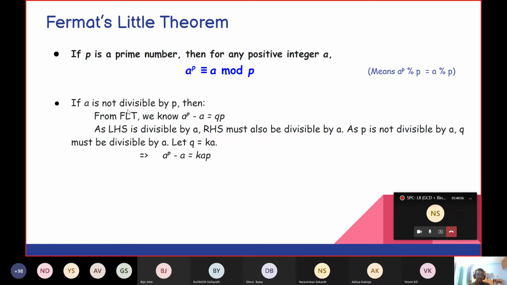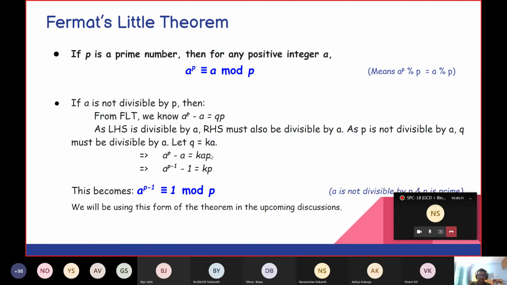Now p is a prime, and we said a is not divisible by p. So a cannot be a factor of p, which means a should be a factor of q. So q is a multiple of a, let's say q equals ka, where k is some positive integer. So a^p minus a is now equal to kap. Now I cancel a on all sides, so you get a^(p-1) equal to kp plus 1. So you can write this as a^(p-1) is congruent to 1 mod p.